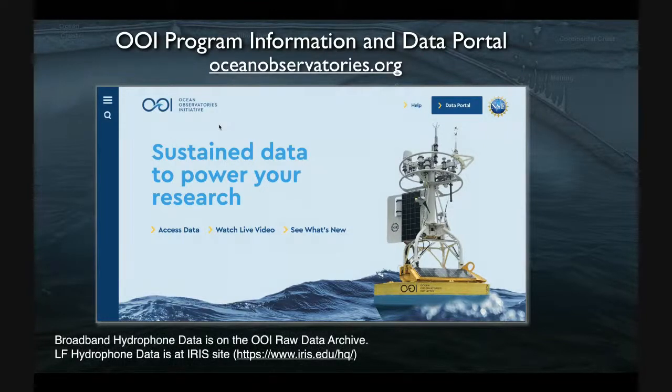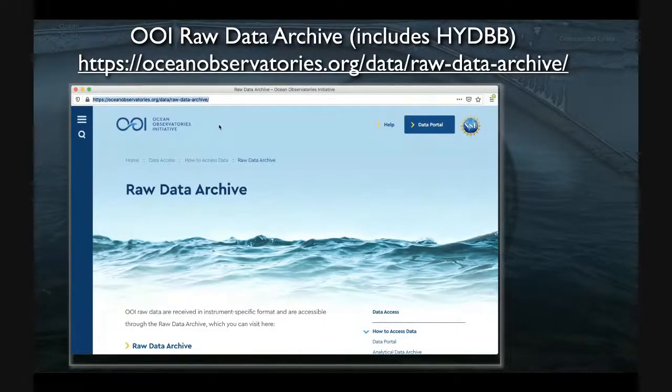The broadband hydrophone data is on a specific component of this website, the OOI raw data archive. As I said before, the low frequency hydrophone data is at the IRIS site, combined with the actual seismic data from the seismometers. You can dig through here, get to the raw data archive, and then look through that and find the data, but it's not the easiest way to do it.